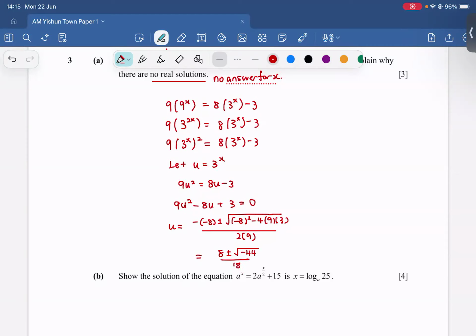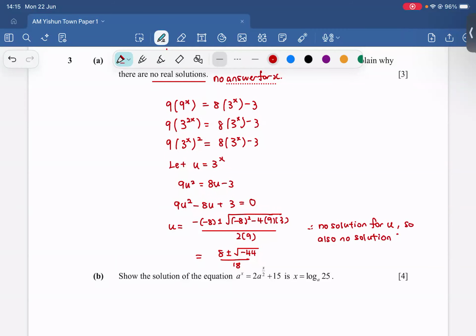Okay, so you can see that inside the square root is negative. So we conclude saying therefore no solution for u. So no solution for u, so also no solution for x.